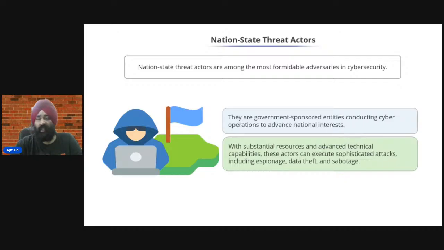These are the ones backed by countries: Russian, Chinese, US, and I would say we are also not far behind, but no one will take direct responsibility. The Ukraine war started in 2022, but in 2015 Russia created chaos in Ukraine during the Christmas winter when they attacked their power grids.